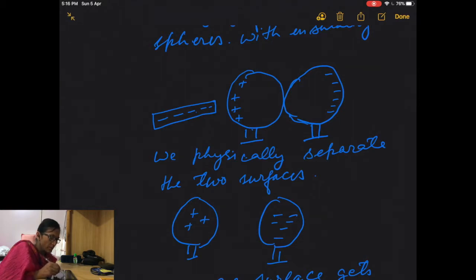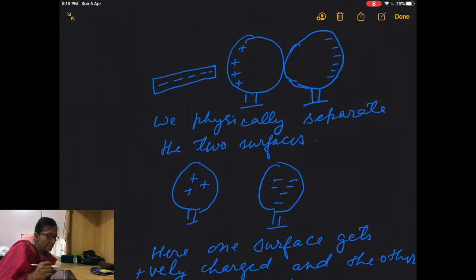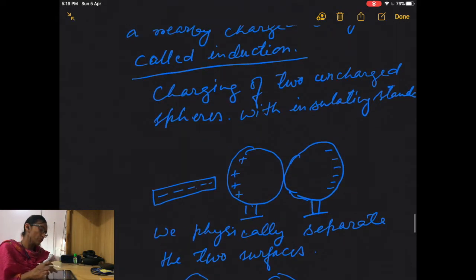So not all, but a fraction of opposite charge gets collected on the near surface, and a similar amount of charge gets collected on the opposite surface. This is charging of two uncharged spheres.